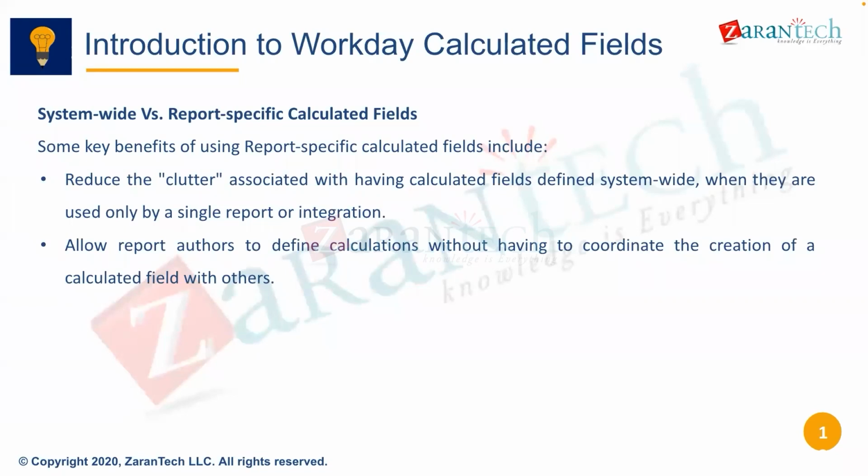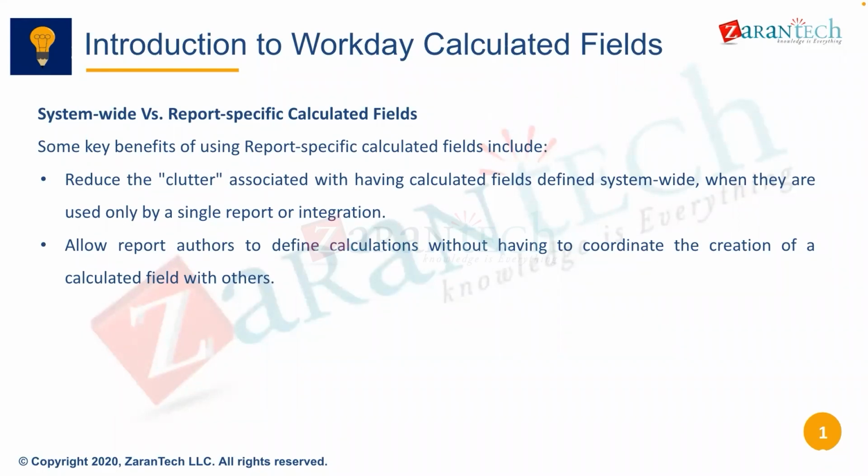So the question is, what is the need of having report-specific calculated fields when you can always create them in a global environment? While creating system-wide calculated fields, the major drawback is that it is available for everyone to modify.